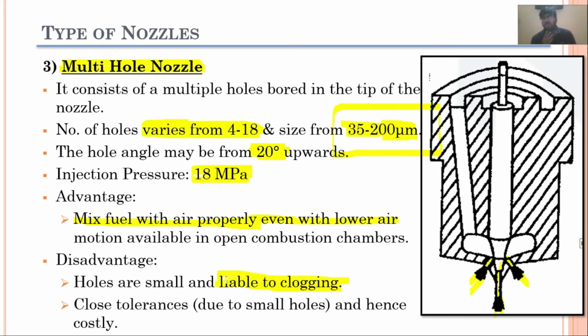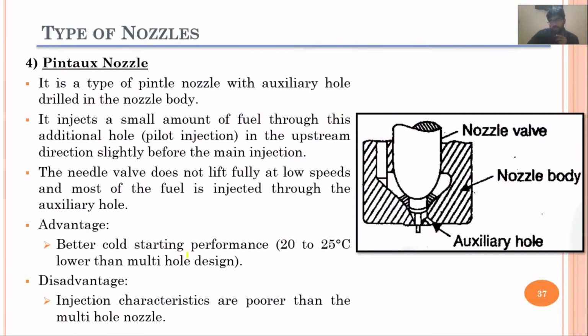If we have a low grade fuel, then the probability of clogging would be even higher. And the second disadvantage is, since we have very close tolerances, because of these close tolerances they are very costly as well. So these are some of the disadvantages of the multi-hole nozzle.